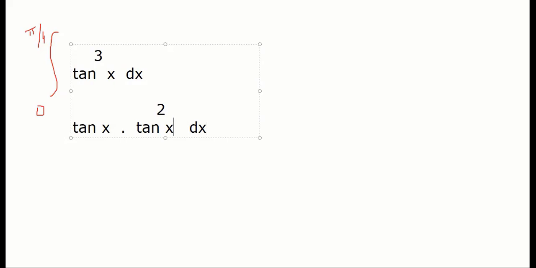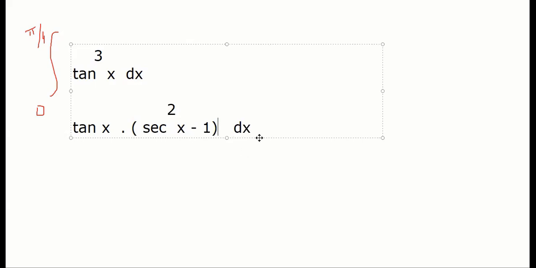So this tan square x we can write in the form of secant square x, since 1 plus tan square x equals secant square x. So this becomes tan x into secant square x minus 1, right everyone? Right Tushar?